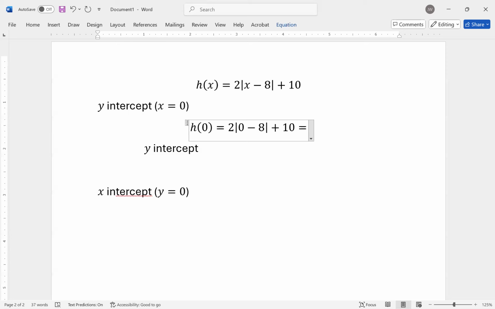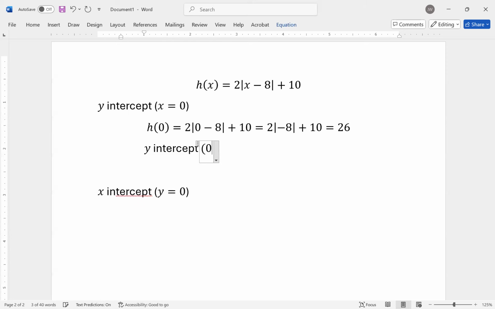Well, that's going to be 2 times the absolute value of -8 plus 10. Absolute value of -8 is going to be +8, times 2 is 16. When I add 10 to that, I get 26. So that means my y-intercept is the point (0, 26).